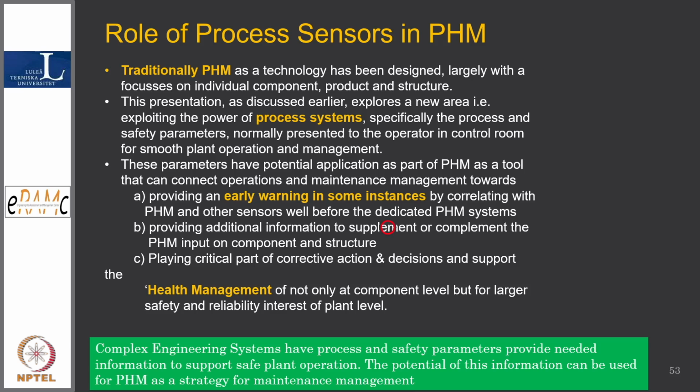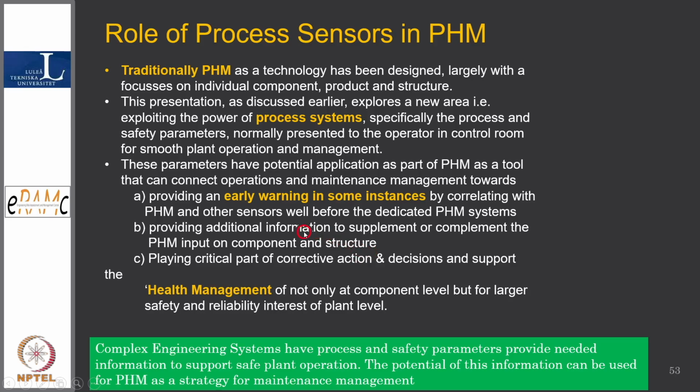So here I am telling you this can be implemented, like providing an early warning in some instances by correlating with the PHM and other sensors. This will give reference information, number one, and provide additional information to supplement or complement the PHM input at the component level. It is so valuable.